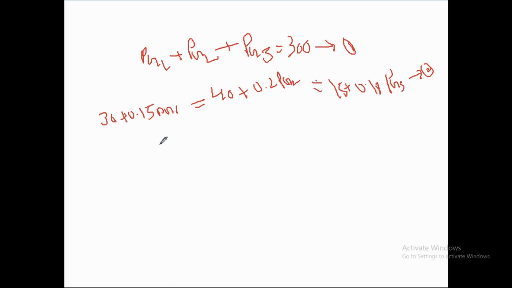Solve these two equations and find Pg1, Pg2, Pg3.